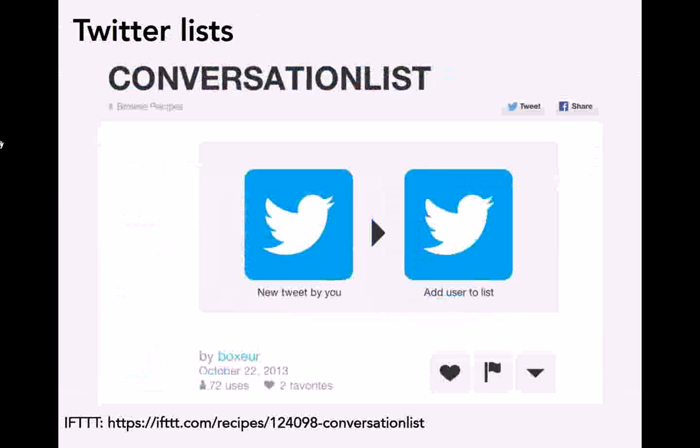Shout it out. We love to give them kudos for how awesome they are that they're on the blog. What this particular IFTTT recipe does is, if you tweet out someone's username, it saves them on a Twitter list. So you can make sure that you're connecting with those people after you've been talking about them.